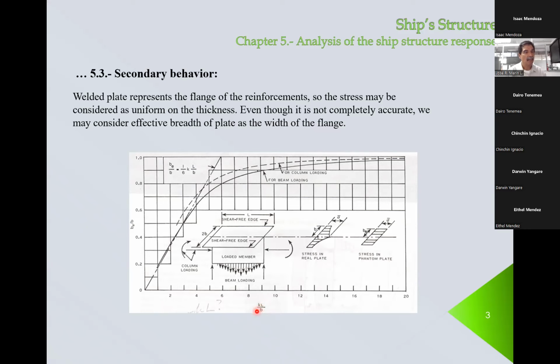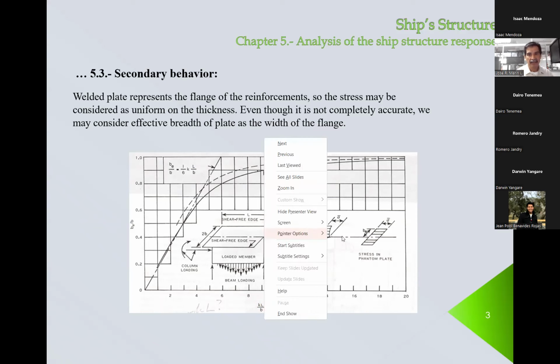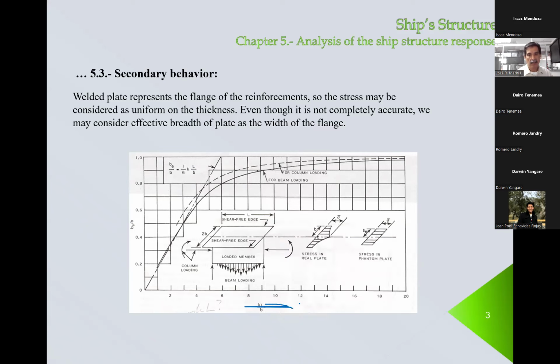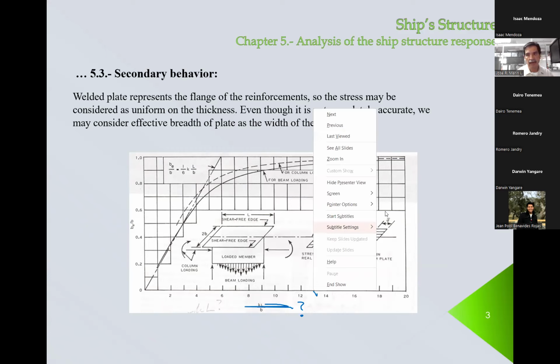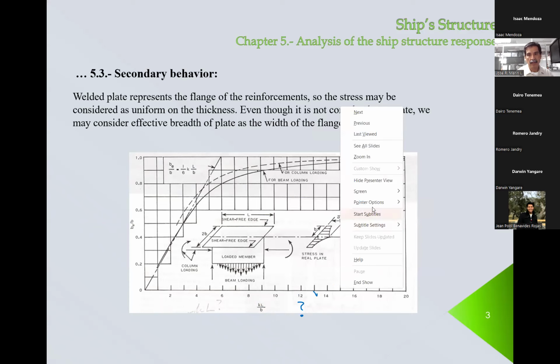Mr. Yomero, Jandri, do you remember what KL is? I don't remember. You don't remember? Anybody remember, please? Mr. Jangare, do you remember? Yes, is letter A. Yeah, but what it is?